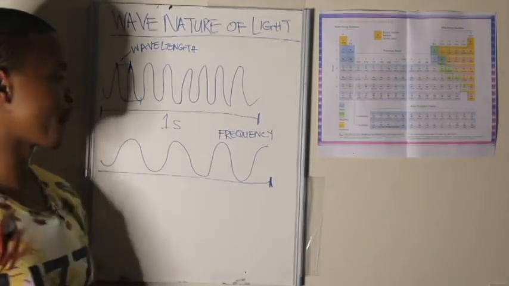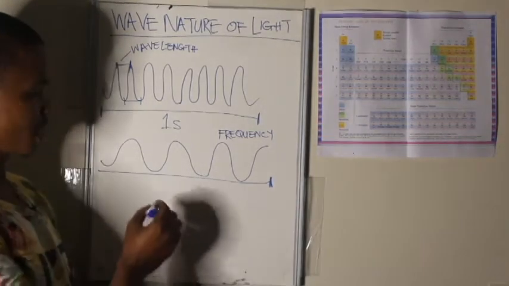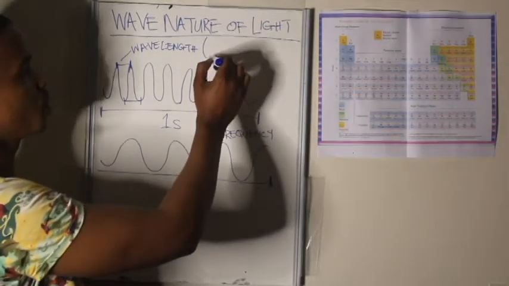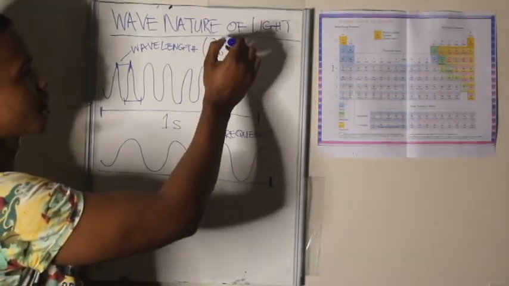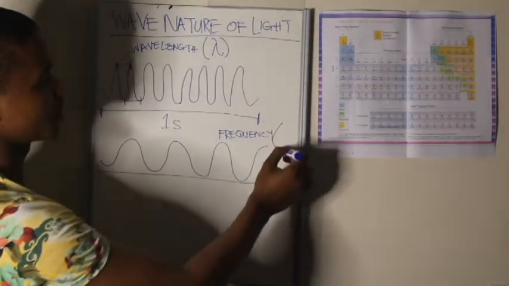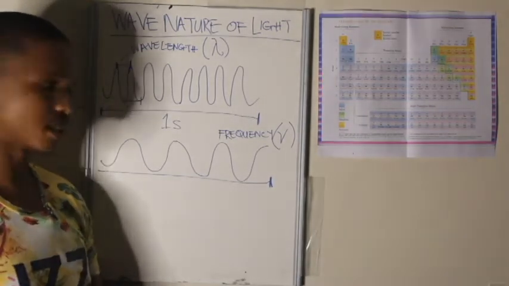Now if you look at wavelength and frequency, they usually denote your wavelength as the sign lambda, and your frequency as the sign nu.